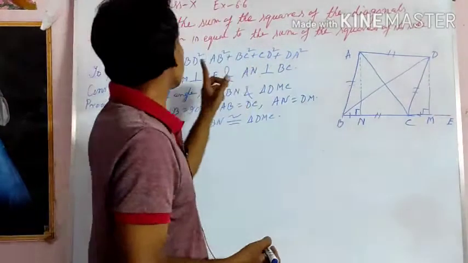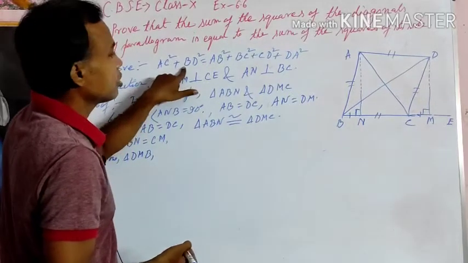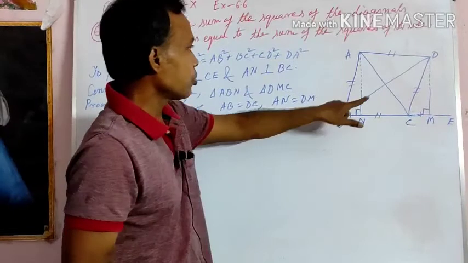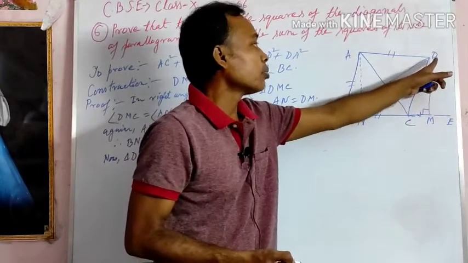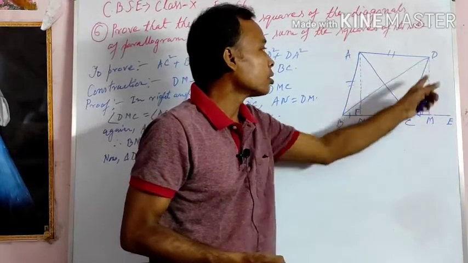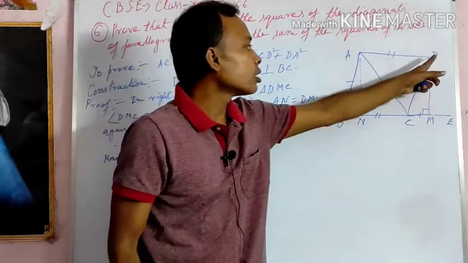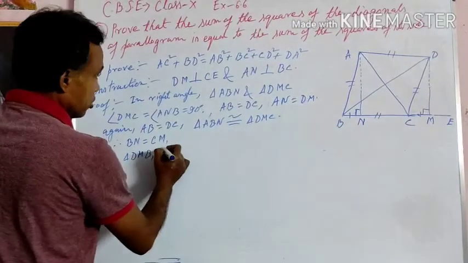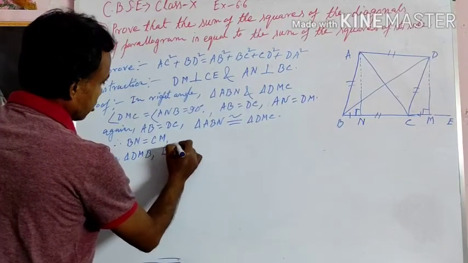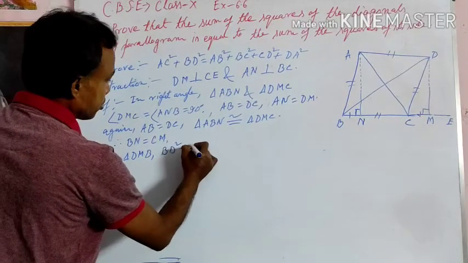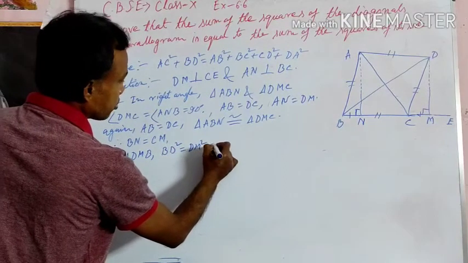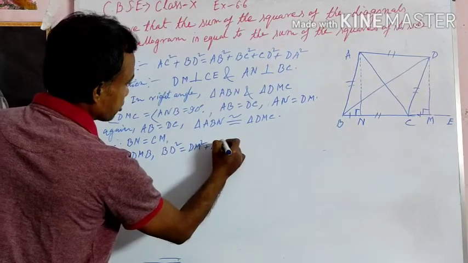You have to prove diagonal square, BD square. That is why we take BD square, applying Pythagoras theorem in the right angle triangle DMB. That is, BD square is equal to DM square plus BM square.